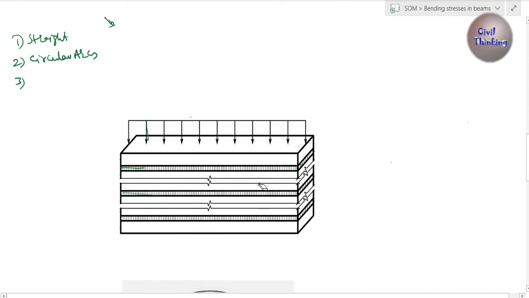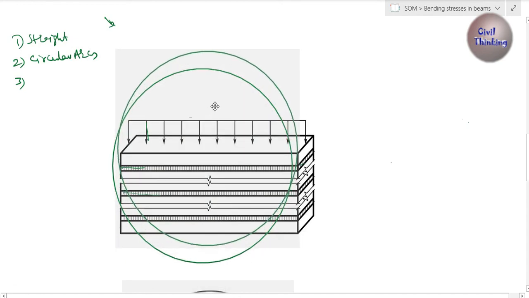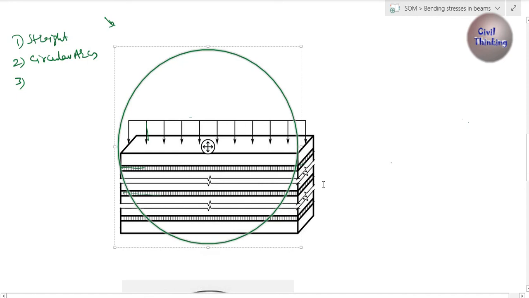Now I can also make you understand by making some clean circles. Let me draw a circle here. Let's assume this first fiber has bent into a circular arc, and when you interpolate it, it is going to be a big circle.